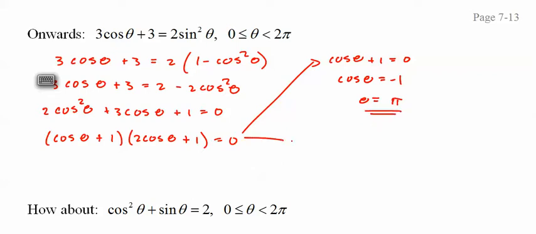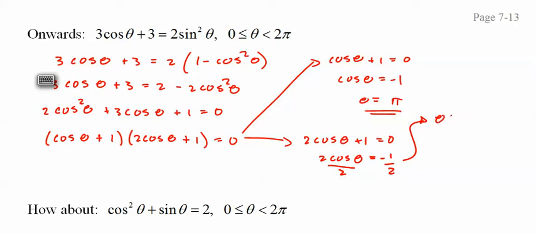And then the other answer was 2 cosine of theta plus 1 equals 0. 2 cosine of theta equals negative 1 divided by 2. Theta equals negative 1/2 at pi over 3, 4 pi over 3. There's 3 answers: pi, pi over 3, and 4 pi over 3.